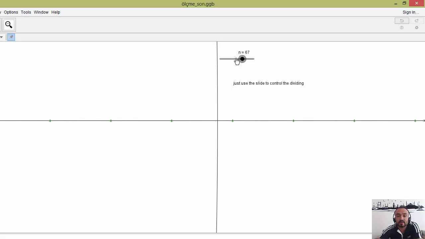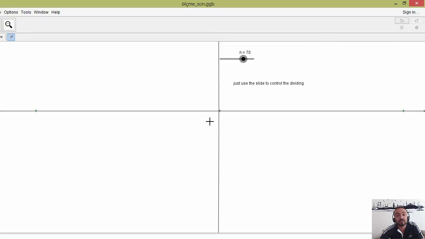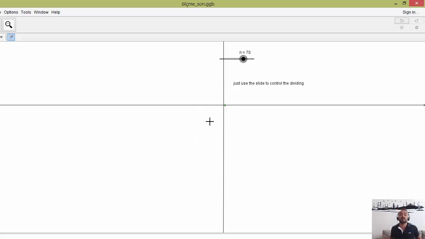Let's see whether we can find a suitable partition or not. Maybe 70 partitions did work. Let's see. No, 70 partitions also didn't work to measure the diagonal of the square.